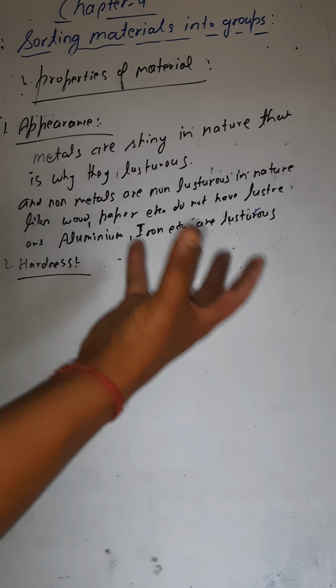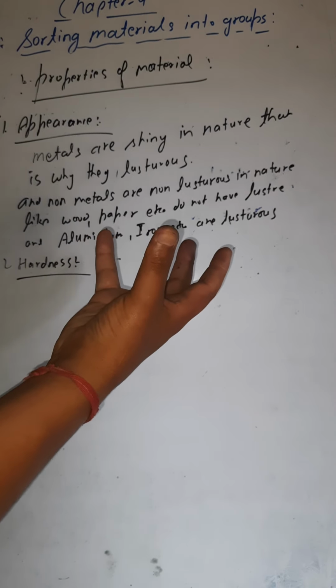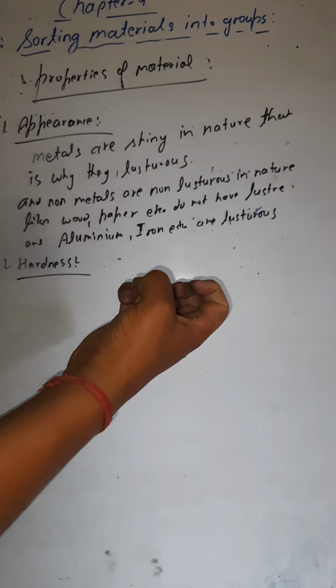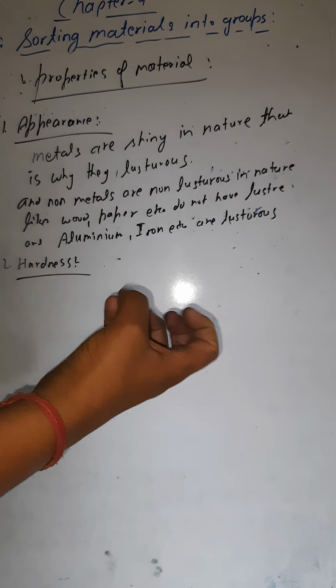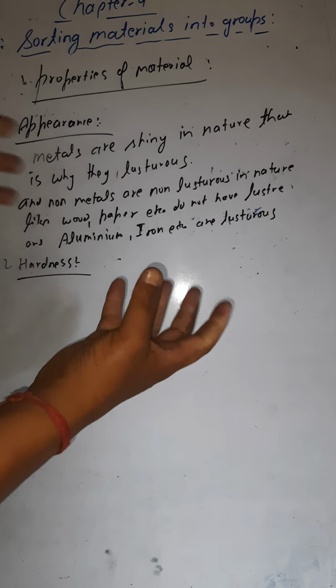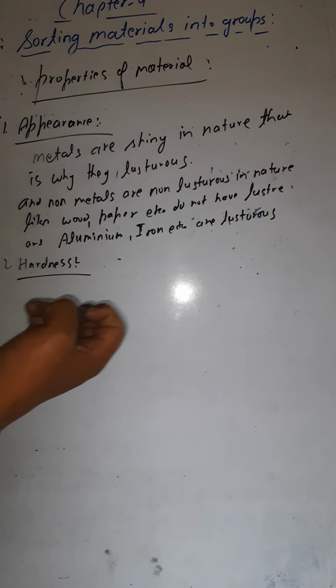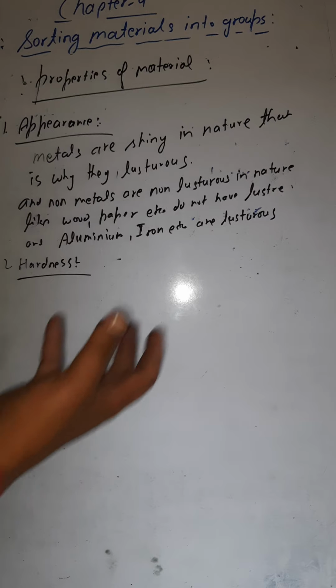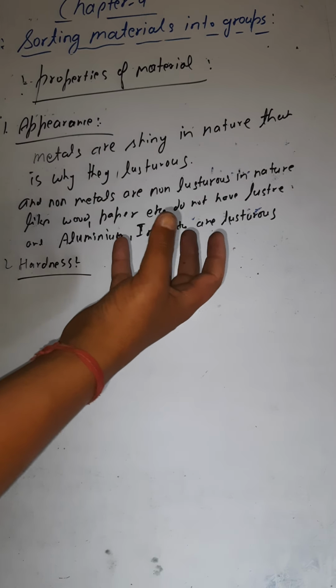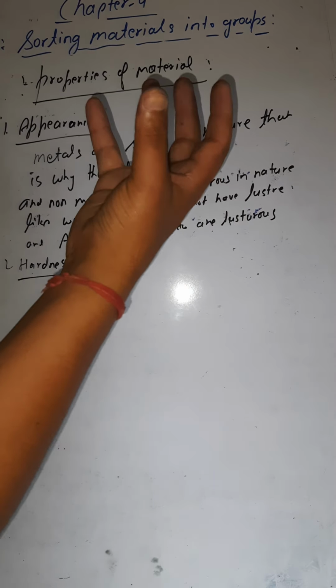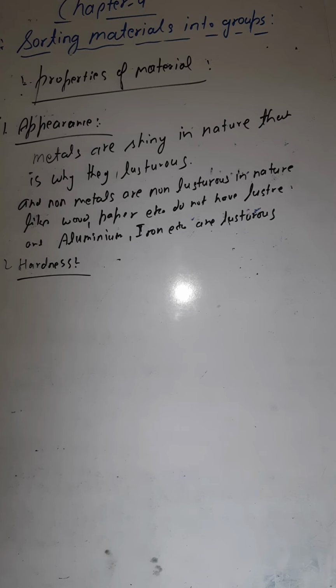But the glass in your other hand, if you try to compress it, you cannot. So this is the difference between hardness and softness. Cotton is soft, and glass is hard.